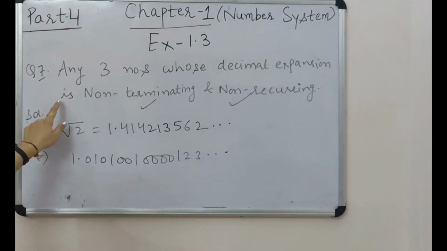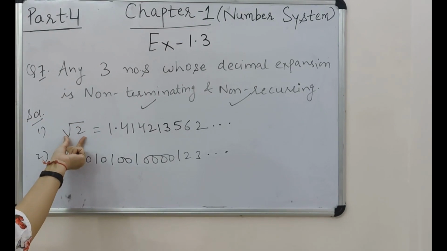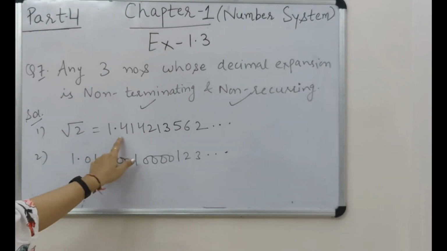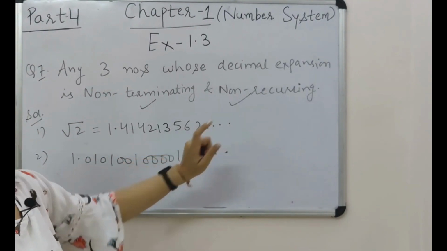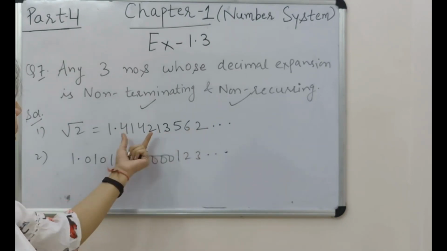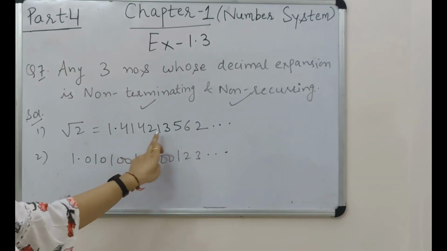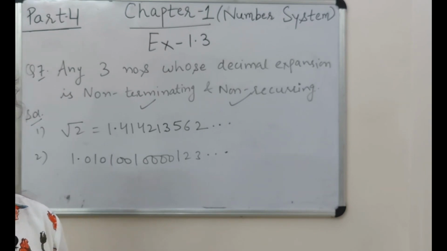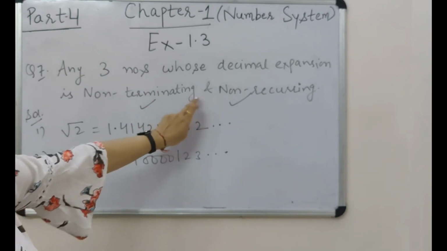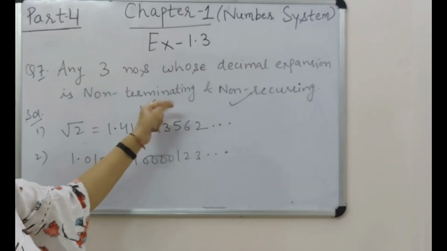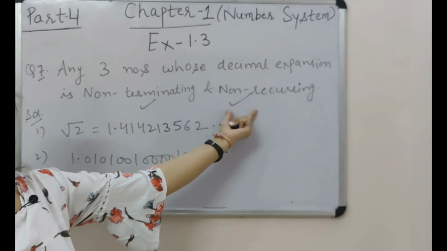So you can write down any such three values. For example, I have taken root 2 over here. Clearly, this decimal expansion is never ending. It is neither ending nor is there any particular pattern that you can see repeating. That is why it is an irrational number, because it is fulfilling both the conditions, non-terminating and non-recurring.